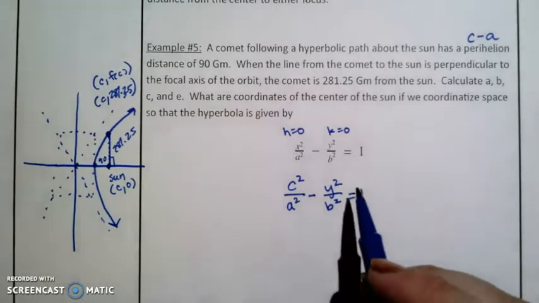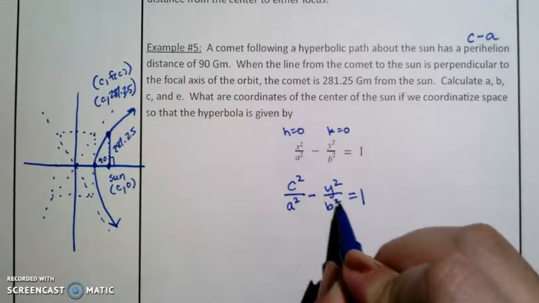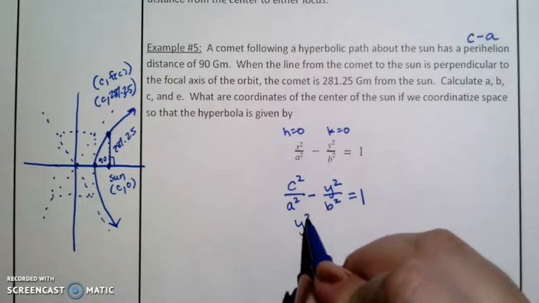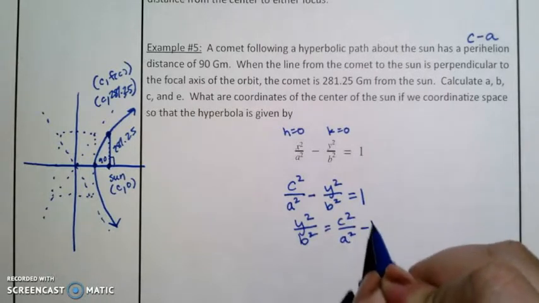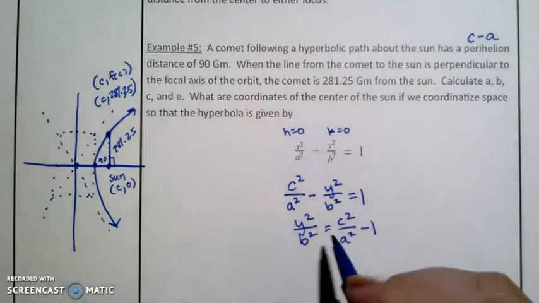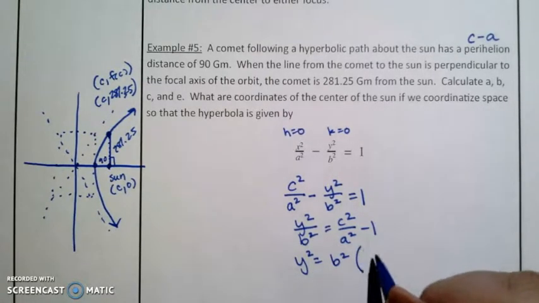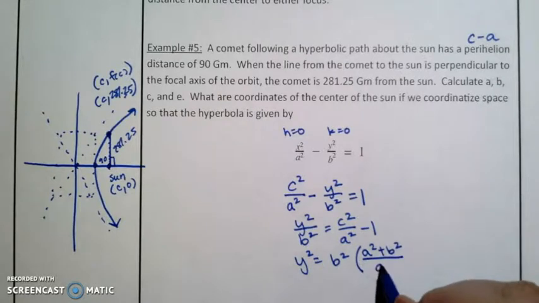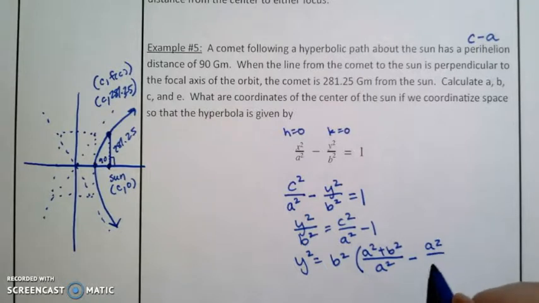And then solving for y, if I add the fraction and then subtract 1, so y squared over b squared equals c squared over a squared minus 1. Multiply both sides by b squared. y squared is b squared times, I'm going to rewrite c squared as a squared plus b squared so that we only have two variables here, divided by a squared minus, and rewriting my 1 as a fraction of a squared over a squared.